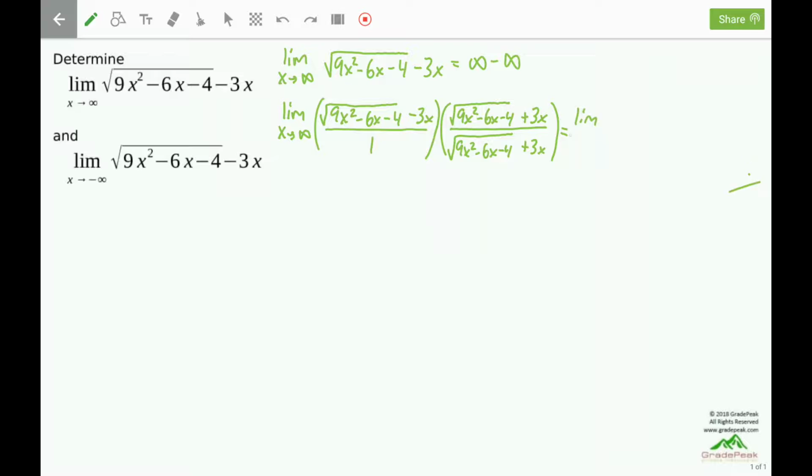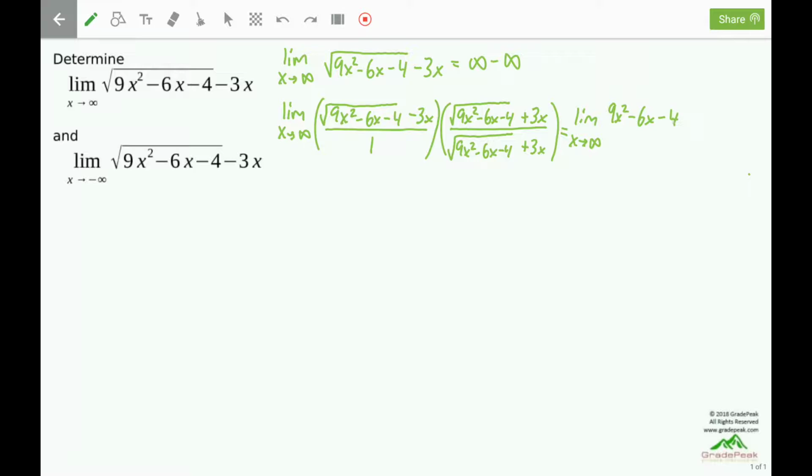We will now multiply these together. In the numerator, we have a root conjugate pair. We will FOIL it out. First, root times root will be root squared, which cancel each other out, and we're left with what's inside there, which is 9x squared minus 6x minus 4. The outside term will be root times positive 3x. The inside term will be negative 3x times the root.